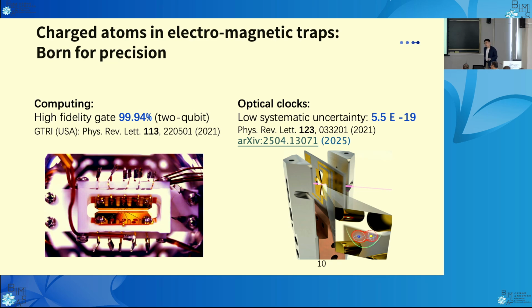And we use these electromagnetic waves to probe what is the true frequency of these atomic transitions in order to either make these clocks, or we need a few more operations to make the 2 qubits entangle.